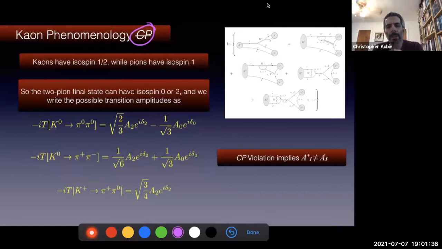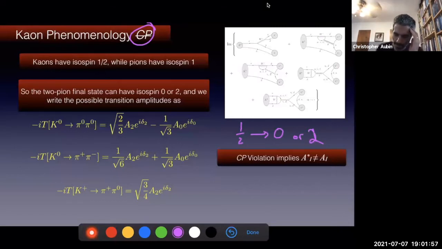So when you have K to 2 pi decay, the 2 pion final state can either be isospin 0 or isospin 2. So we are going to go from an isospin 1/2 state to 0 or to 2. I keep saying 1.